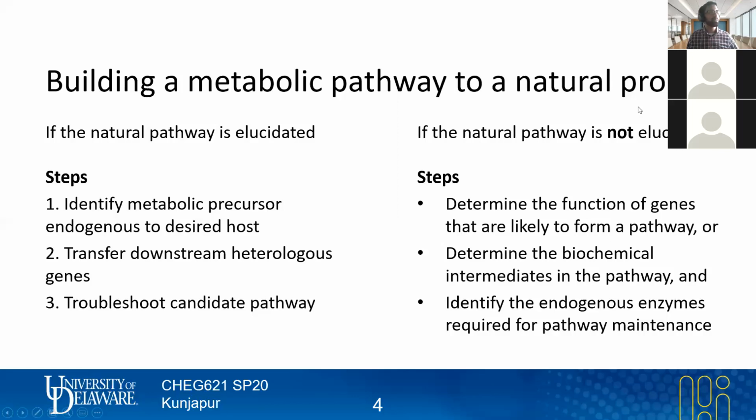So one way to do this, and we'll spend more time talking about this in the next lecture, is to focus on genes that seem like they're likely to form a pathway towards your product. That can be based on sequence similarity and other techniques, including clustering of genes within biosynthetic gene clusters.